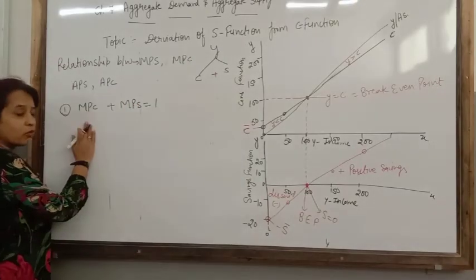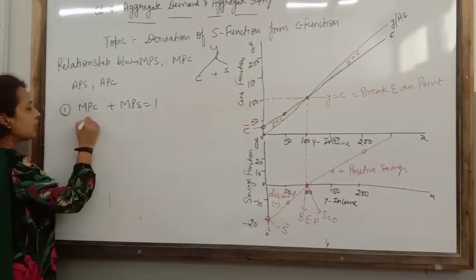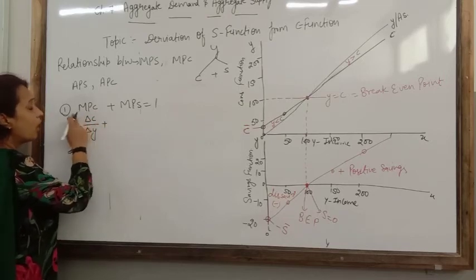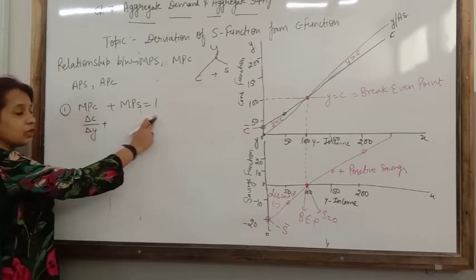Now all of you know what is the formula of MPC? Change in C upon change in Y. We have to prove how MPC plus MPS equal to 1.